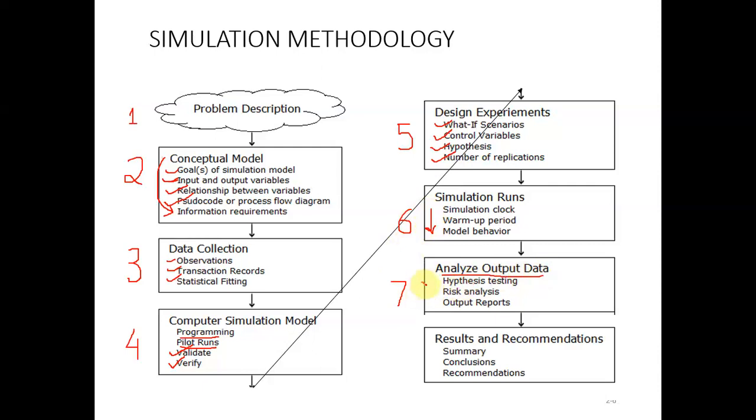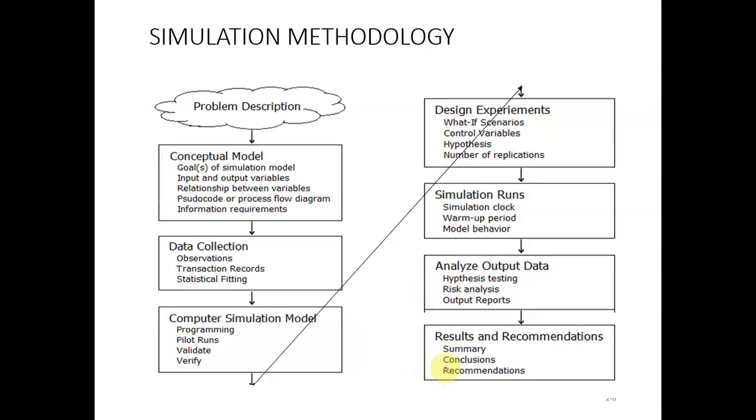So you can do t-test, confidence interval analysis, you also do the risk analysis, and the reports are generated. And finally the 8th step: the summary of your output, the conclusion that you draw from these results, and any recommendation from the practical point of view in terms of decision making.